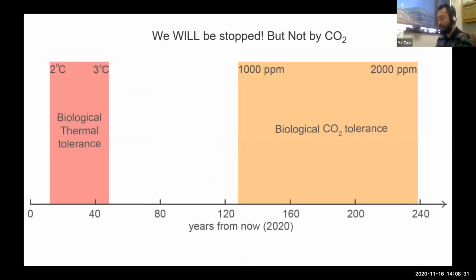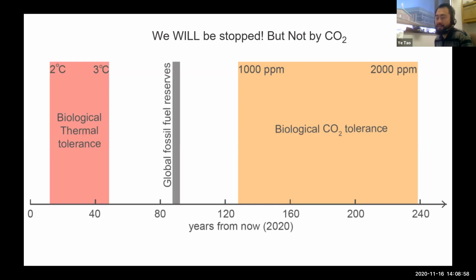So if we conceptually decompose these two threats and put them on the same temporal axis defined by the current trajectory of CO2 and consequent temperature increase, we find that we are coming right up against the thermal tolerance threshold in the next 10 years, and certainly not more than 40 years from now.